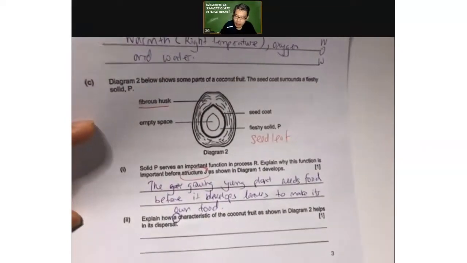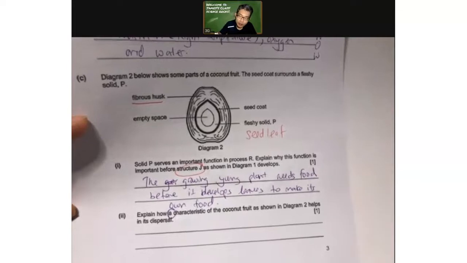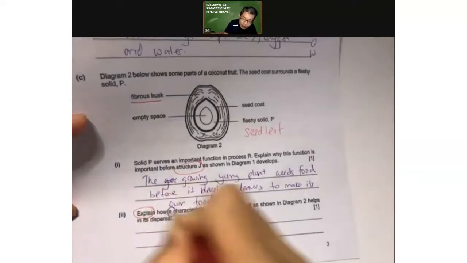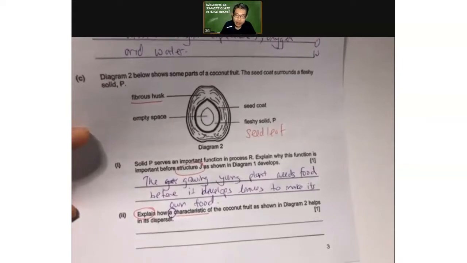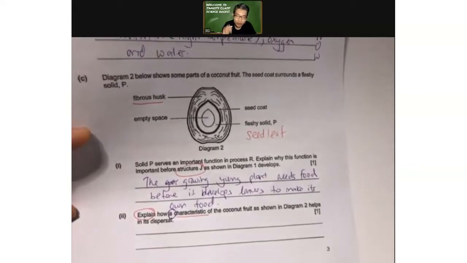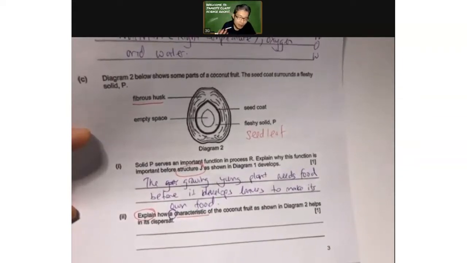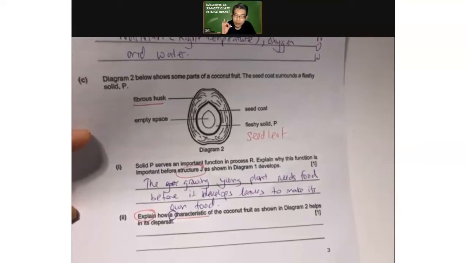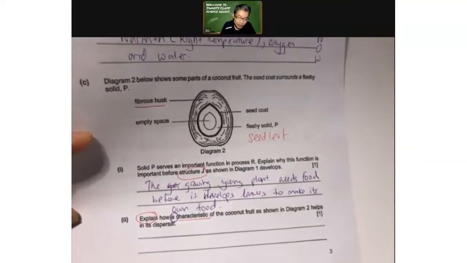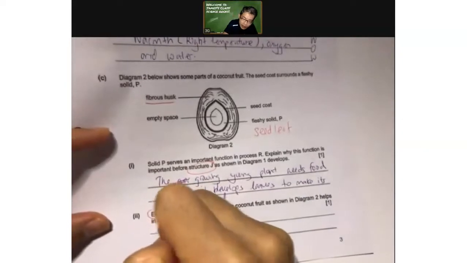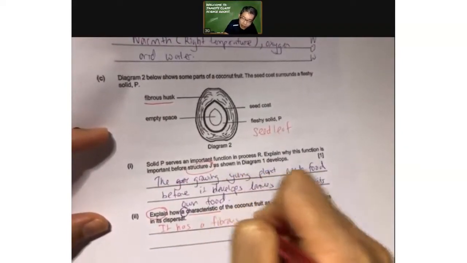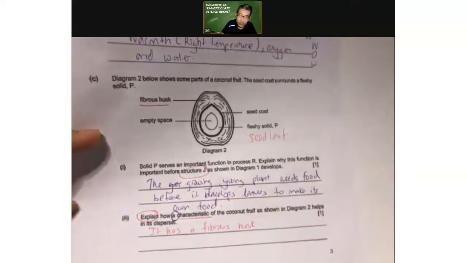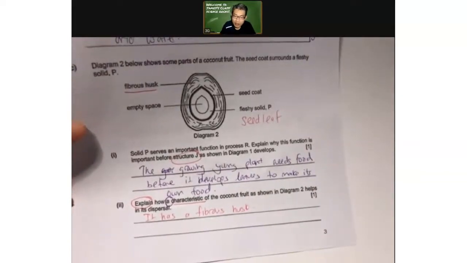Now this part, be careful, don't lose marks. They ask you to explain the characteristic. So it's not enough to just say it has a fibrous husk, full stop, you will get 0. It's not enough to say it has an empty space, you get 0. Because when you just simply write, it has a fibrous husk, you will get 0 for this because there's no explanation.